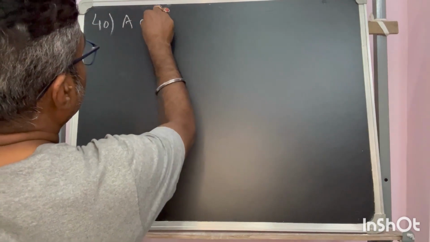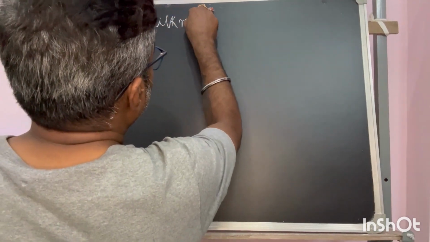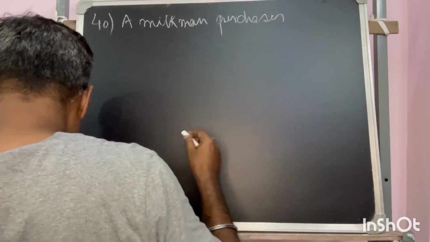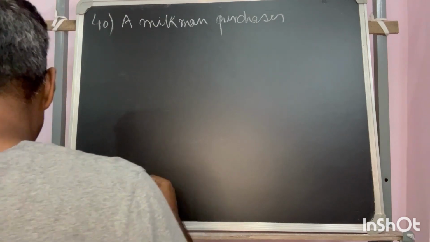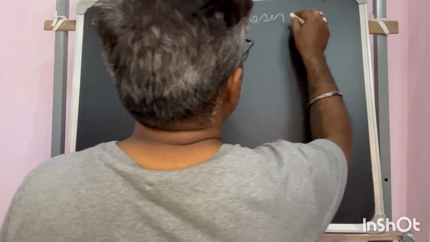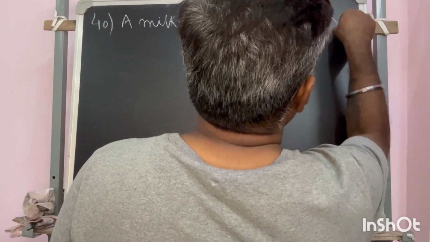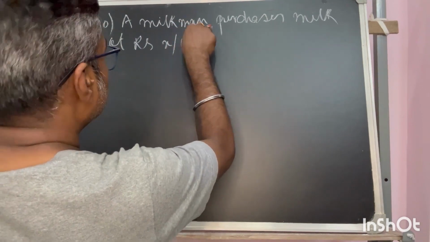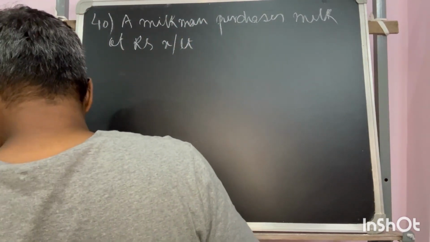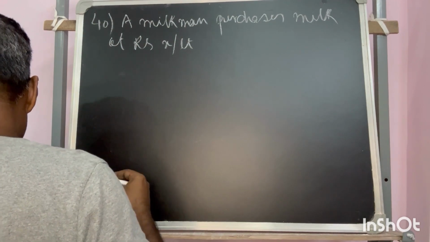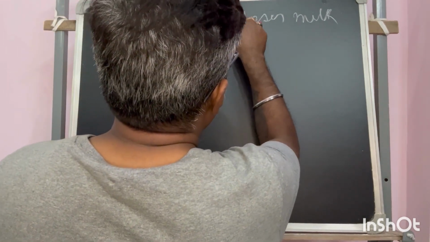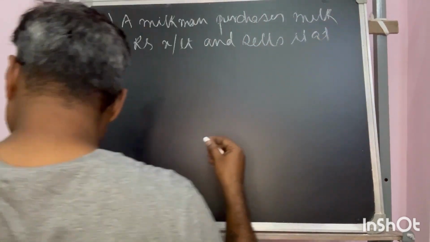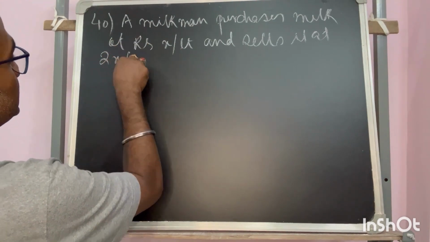A milkman purchases milk at rupees X per liter, and sells it at 2x per liter.